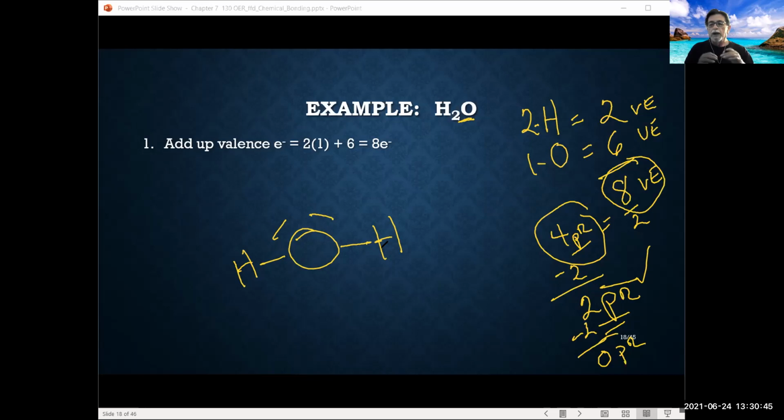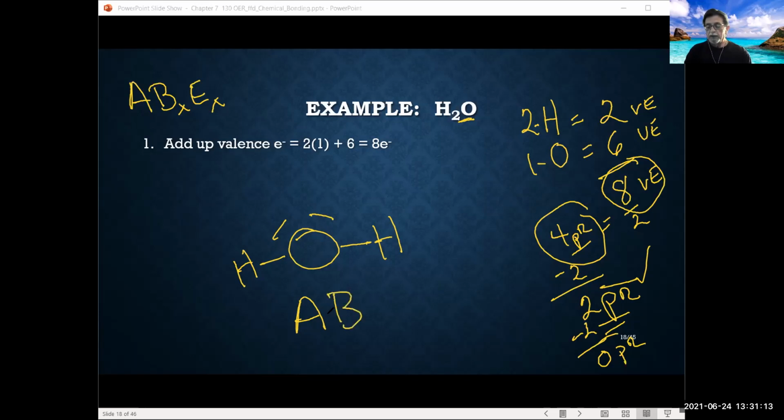Now, how do we know the geometry? Well, this is where the general formula of A, B, X, and E come into play. Remember that from the chart? H2O tells me A is always 1, and that is a central atom, and that happens to represent oxygen.